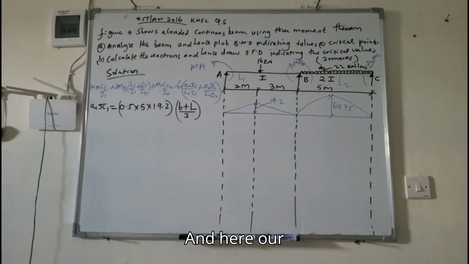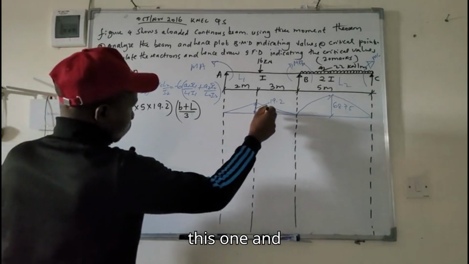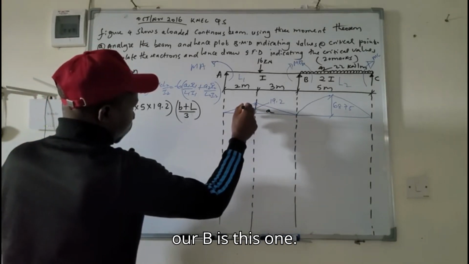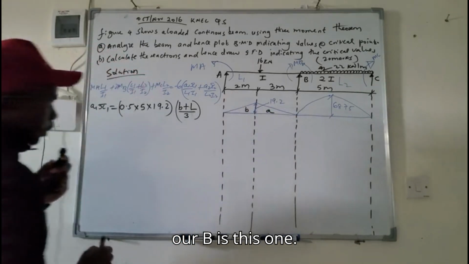And here, our a is this one, and our b is this one.